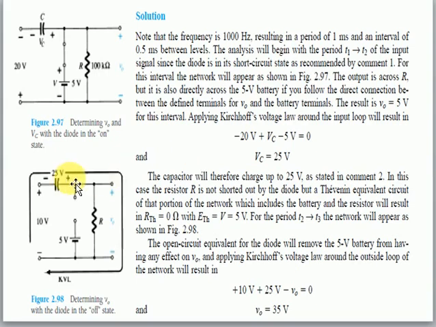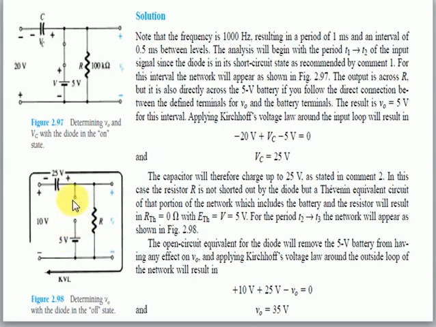Now during the positive cycle the diode will be reverse biased. When it is reverse biased, there is an open circuit, and here we need the value of V0. For calculating V0, this branch is useless, as it is an open circuit.